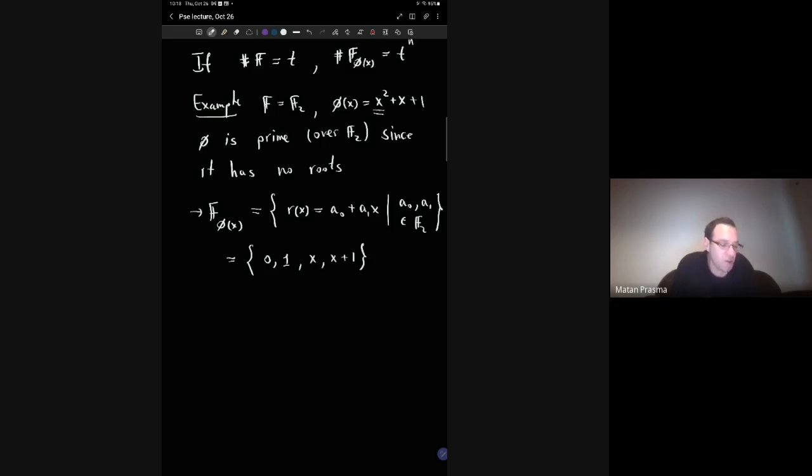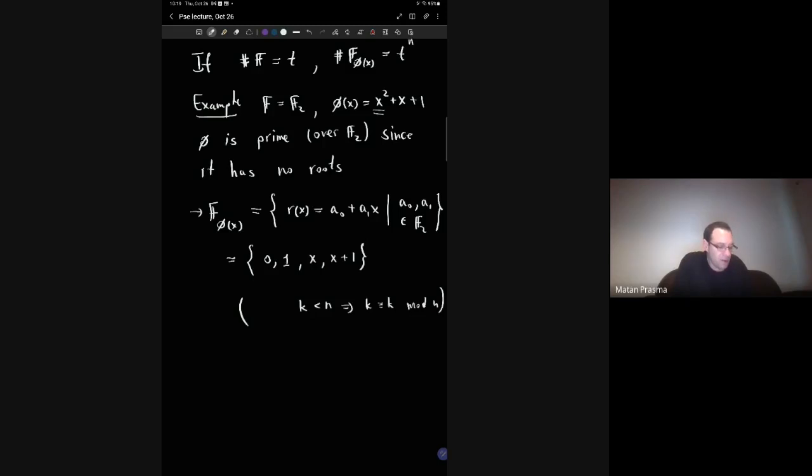So whenever you do mod phi for something with a degree strictly less than the degree of phi, you get the thing itself. It's like the analogy with integers: if you take some k smaller than n, then k is equal to k mod n. You don't need to do any modulo in this case.